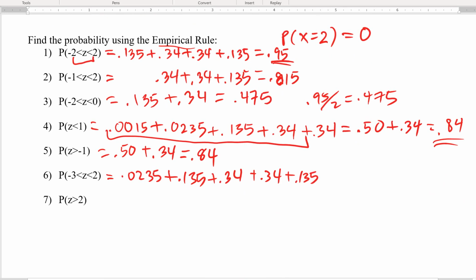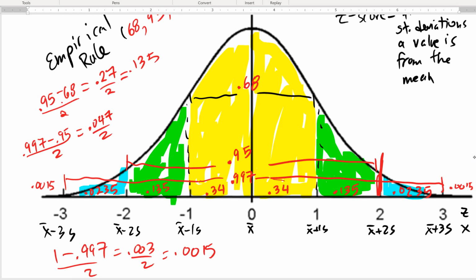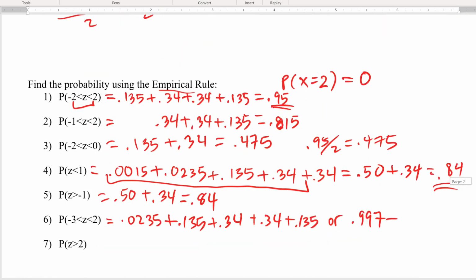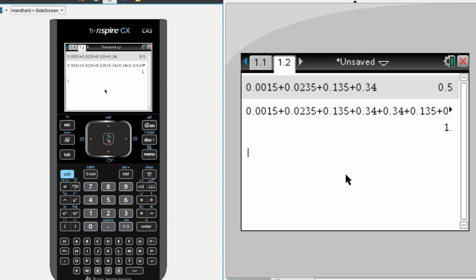Or I know that from -3 to +3 is 99.7, and I can take away the piece that's missing. I know that between -3 to +3 is 99.7, and I'm including all of that except for this 0.0235. So I could take away 0.0235. You're like, I don't know, that's insanity. Well, find something that makes sense for you.